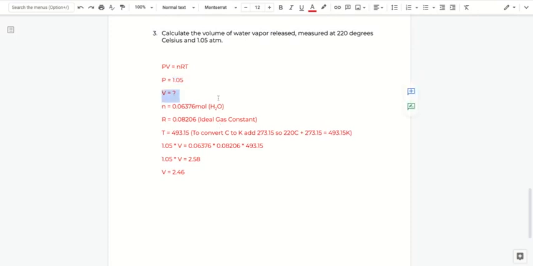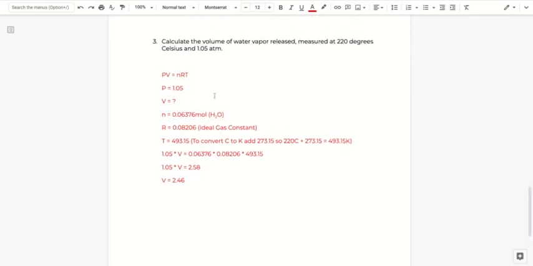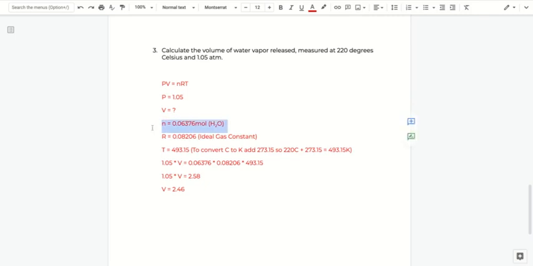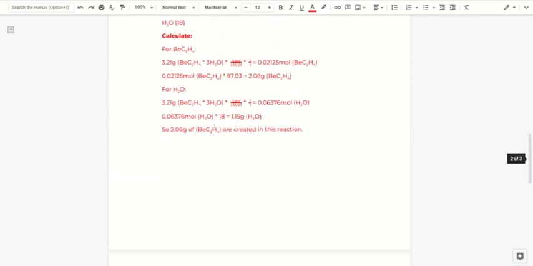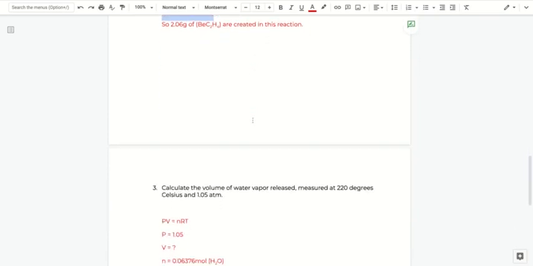We don't know the volume, because that's what we're trying to find. We know n is 0.6376 moles of H2O, and we found that over here, right? So we know there's 0.6376 moles of H2O being created in this equation.